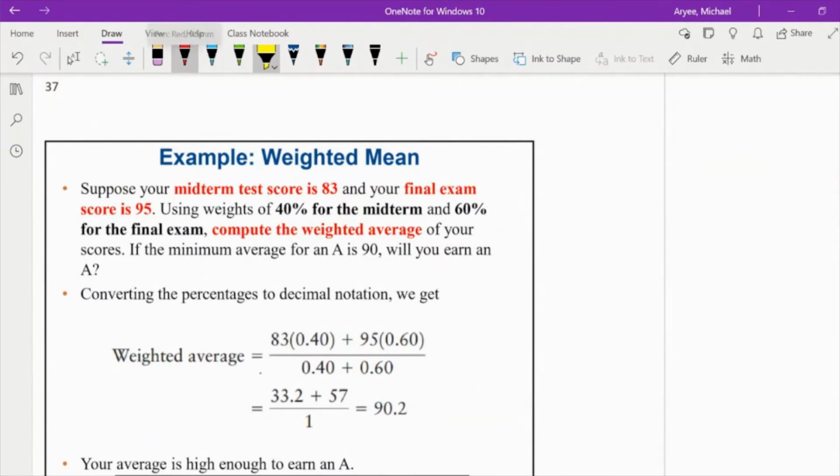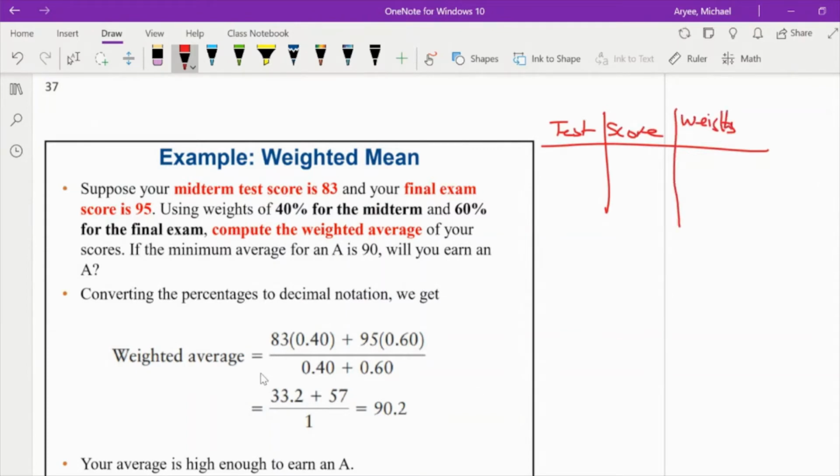Let me make a little table here. There were a couple of tests: what the students scored, and what weight the teacher gave the test. So X, then W, and then we need the product, X times W. In the class there was a midterm.